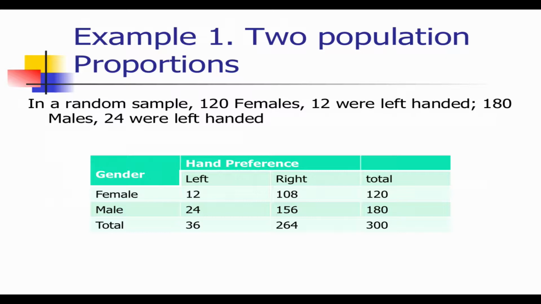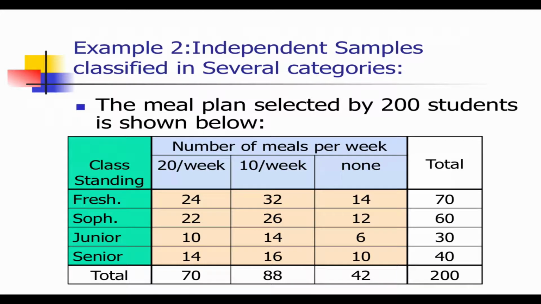If you have a 2x2 table, then you have two variables and each variable is categorical, and by 2x2 we mean each variable has two levels. However, a contingency table can also be used in the more general situation where you have more than two categories. If you have more than two variables, you need a multidimensional contingency table.